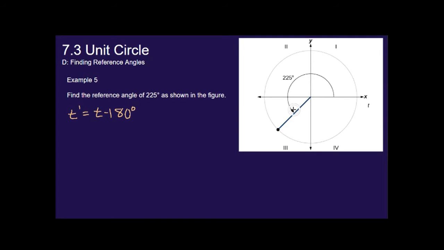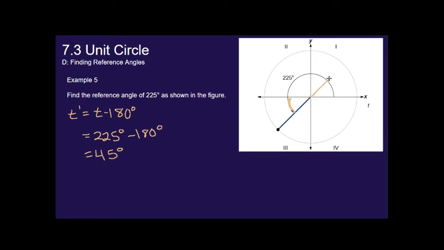If we take this angle and subtract 180 degrees, it's going to leave us with this angle here, and that's what we want. So our original angle is 225 degrees minus 180 degrees, which is equal to 45 degrees. So the reference angle is 45.